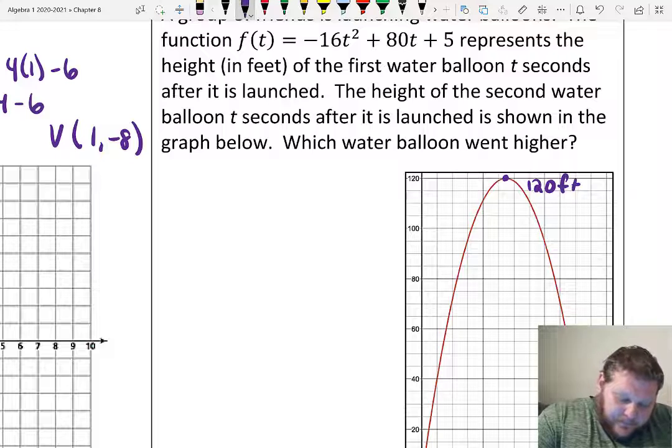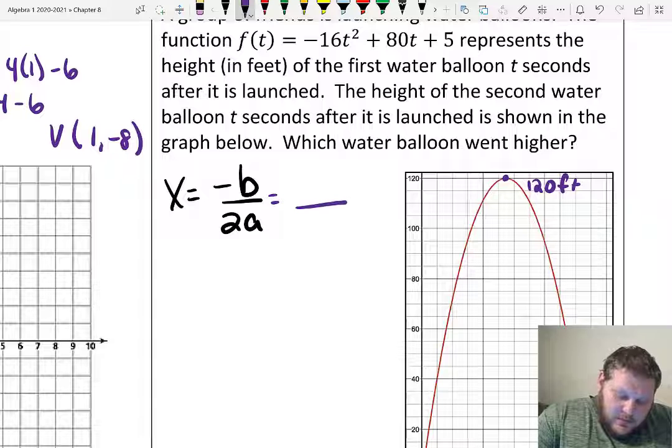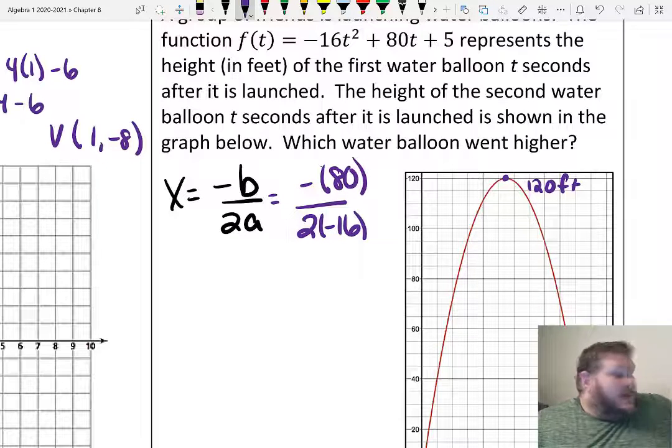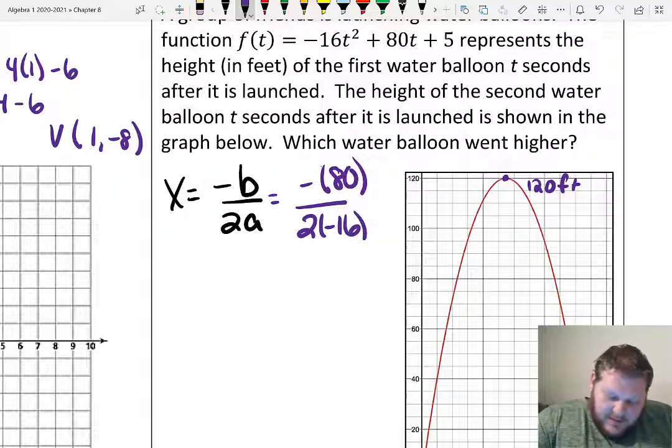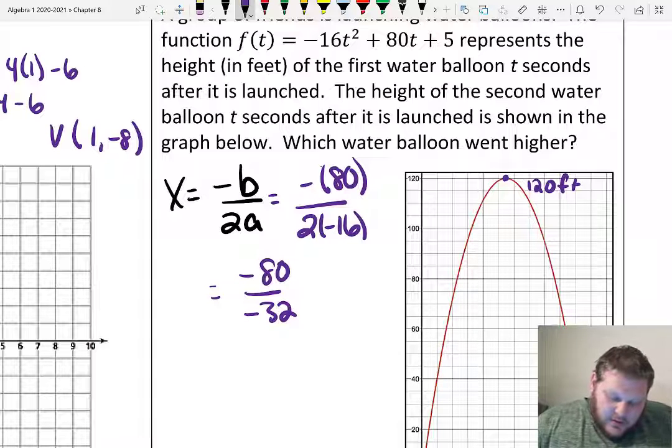So in this case, again, my formula, x equals negative b over 2a. My a value is negative 16. My b value is 80. I'm going to grab a calculator to do this one. Negative 80 over negative 32.